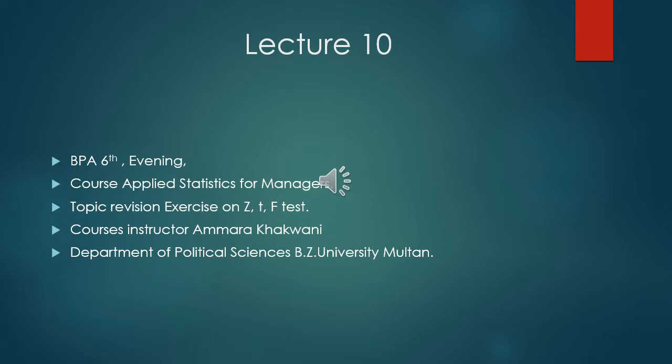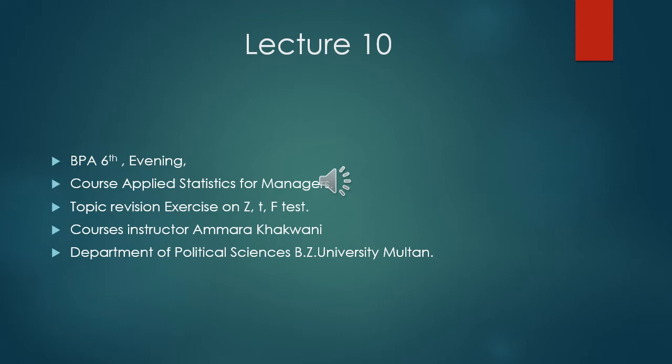Then we also have testing of hypothesis, concerning population means and population variances, when sample sizes are small and when sample sizes are large. These lectures are about testing of hypothesis and relate to the Z test, T test and F test.